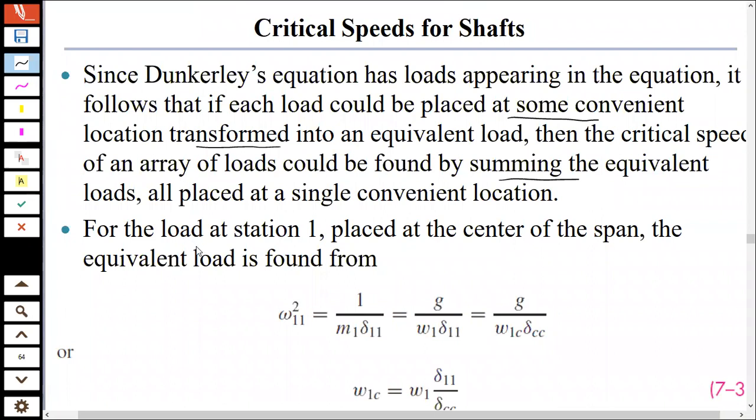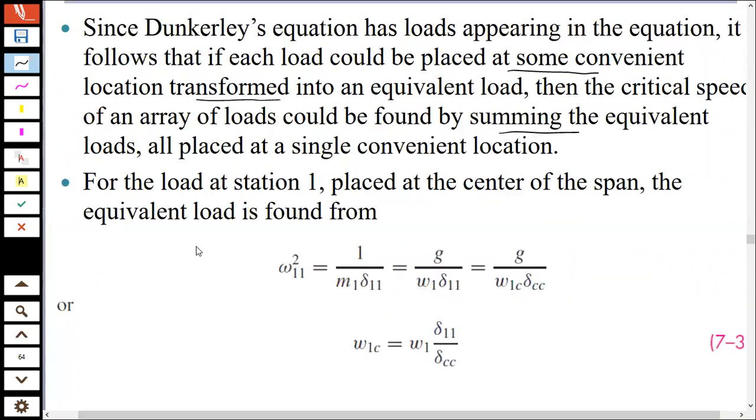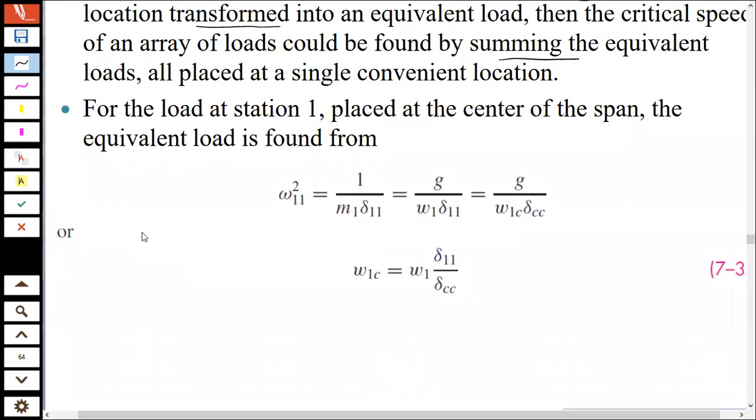So what is the convenient location for placing the load? We already said the convenient location for placing the load will be the center of these bodies.